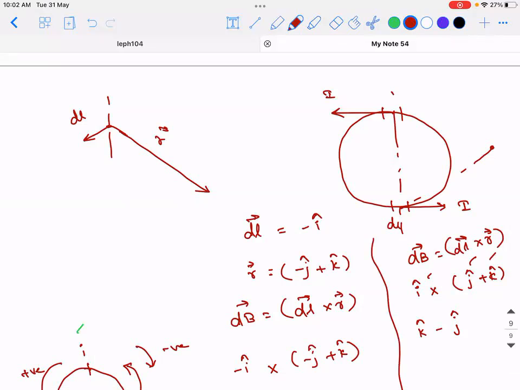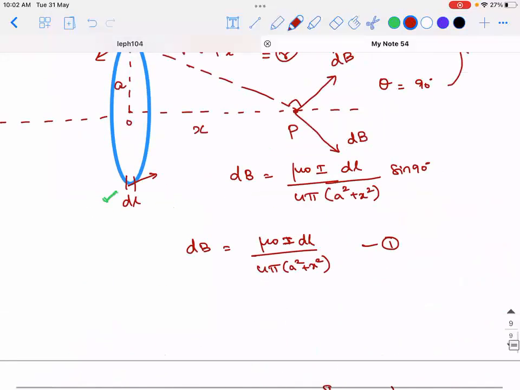Now do the cross product. i cross j is k. i cross k is minus j. So minus j in this quadrant. This is the y-axis. This is minus j, plus i, plus z. So this is how the direction of magnetic field at this point is. So this is the value.